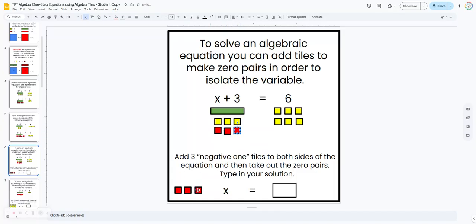If we add 3 red to the left-hand side, we have to add 3 red, or negative 3, to the right-hand side. Now once they've done this, then they can take out the 0 pairs because we know they equal 0. So they're not needed in the equation. So I can take out all of these 0 pairs from both sides of the equal sign.